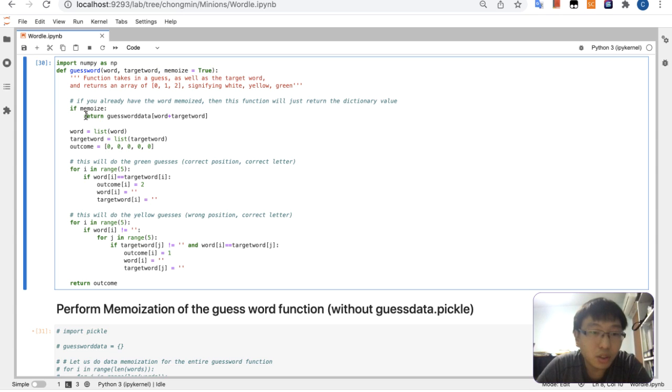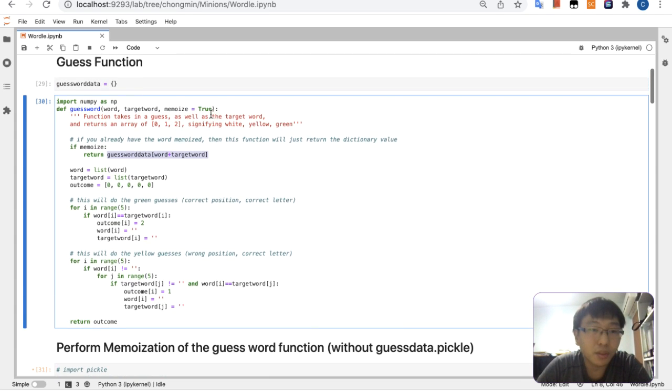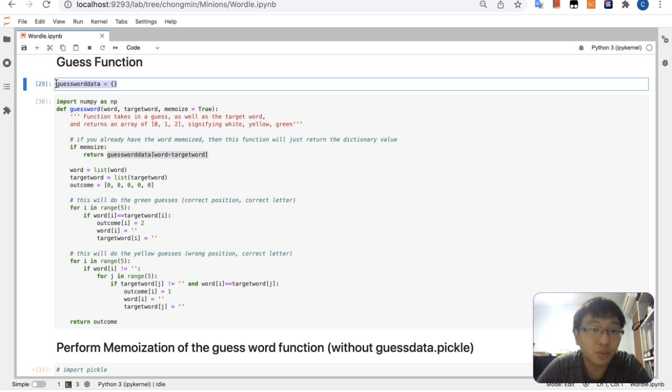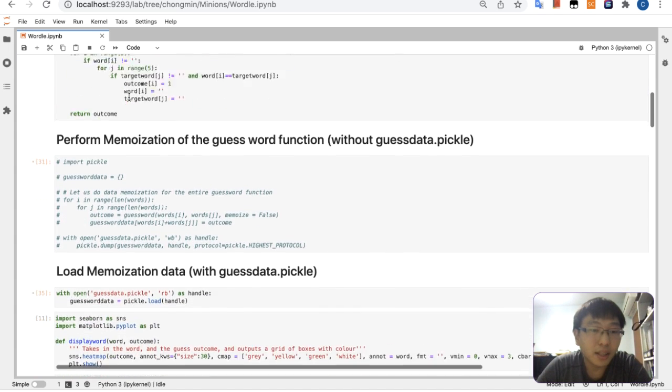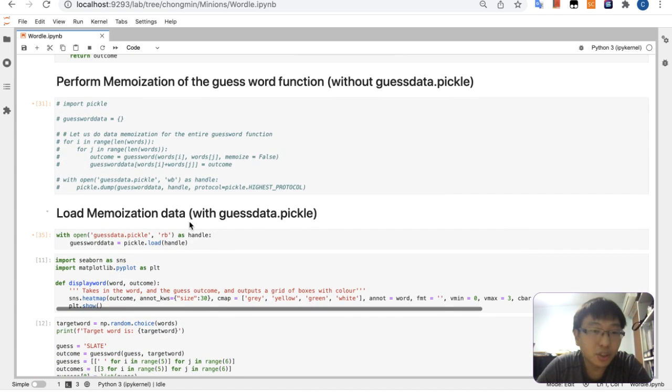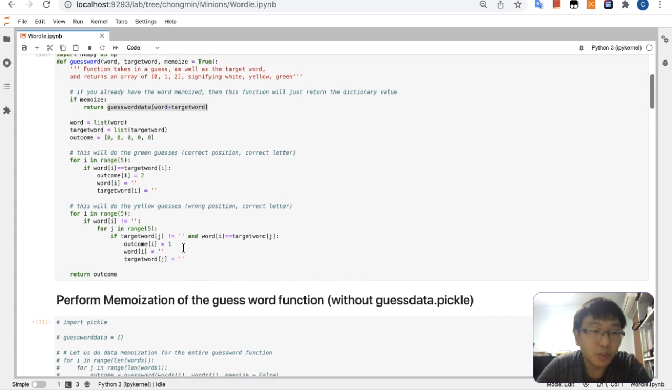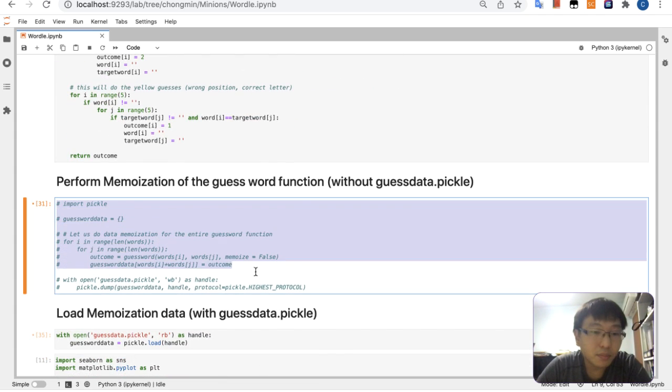Then in order to get the data back, we actually store it in this guess word data dictionary. The dictionary was initialized to be nothing. After we do the memorization, we actually will do this thing here.